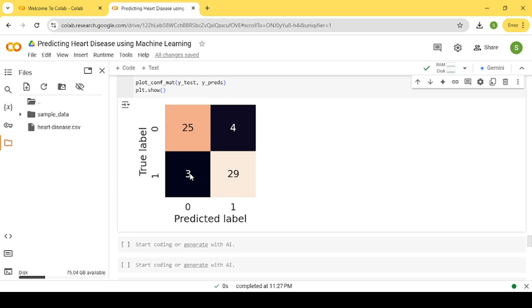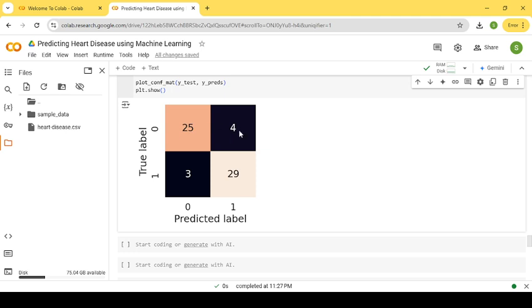These we call the false negatives. Next, we have the false positives, which is the FP. This means that 4 instances or 4 cases of the negative class were incorrectly predicted as positive.